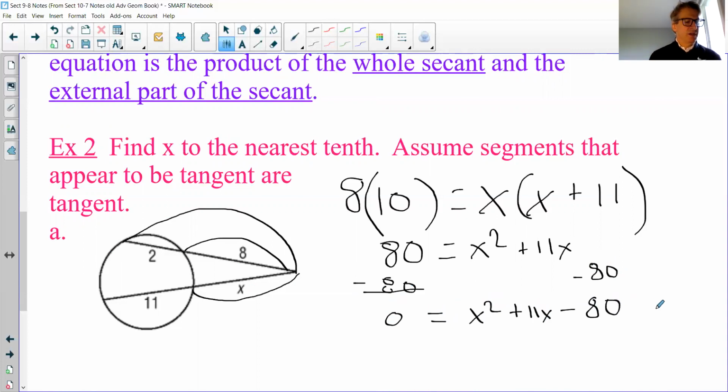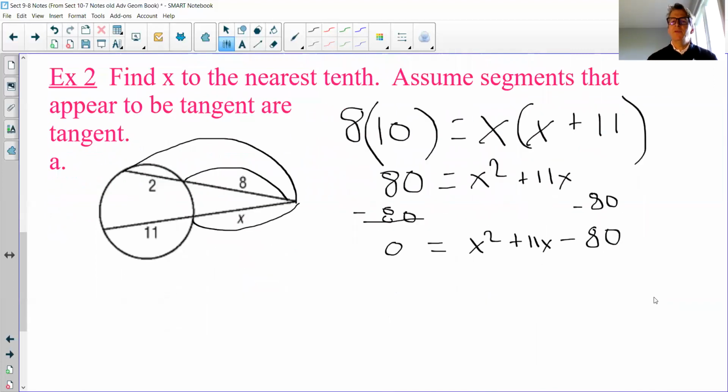Okay, so we are looking for two numbers that when you multiply them together, you get negative 80, and when you add them together, you get 11. Okay, so when you're factoring this out, that happens to be 16 and negative 5.